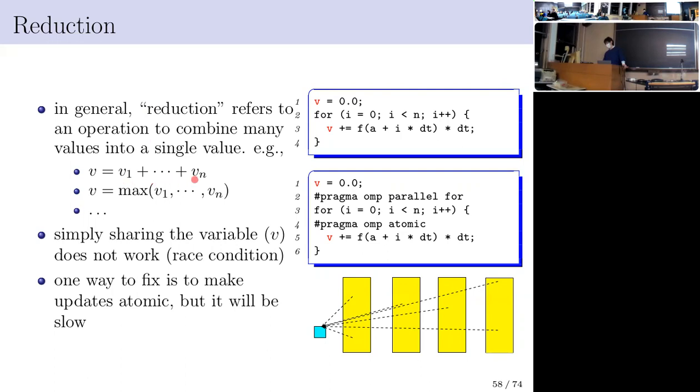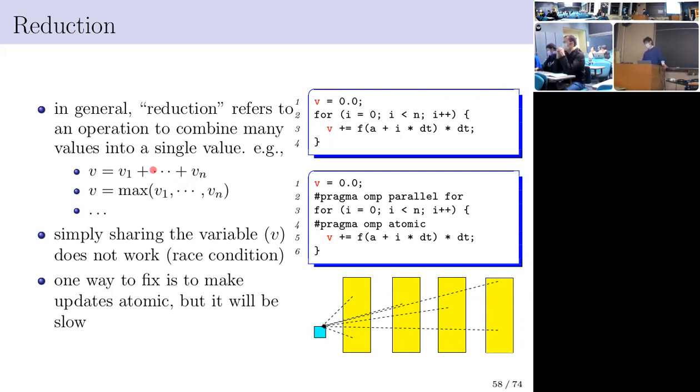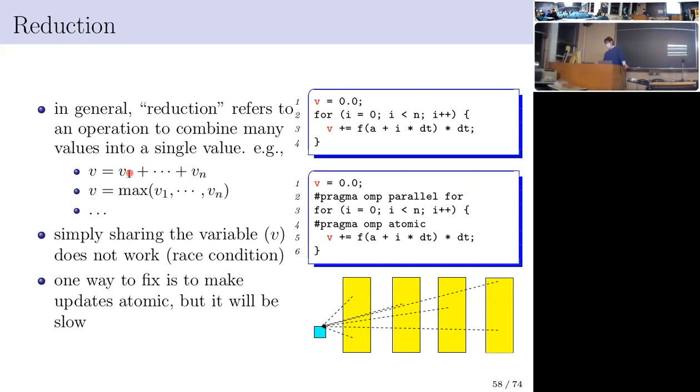You take so many values, V1 to Vn, and you can imagine adding all these values to get a single value, or taking the maximum of all these values. These operations are commonly called a reduction, or you can also call it aggregation. Reduction is very common not only in parallel programs, but in any sort of program.